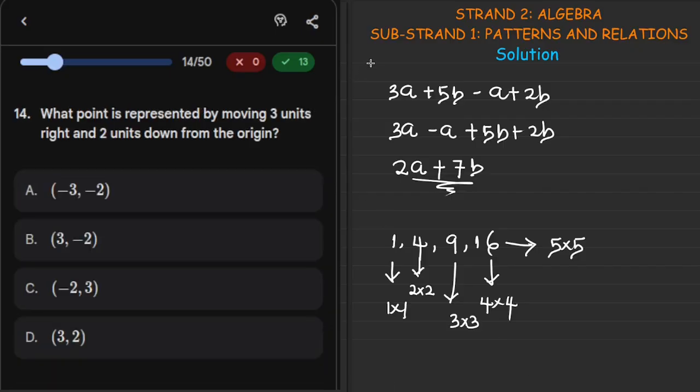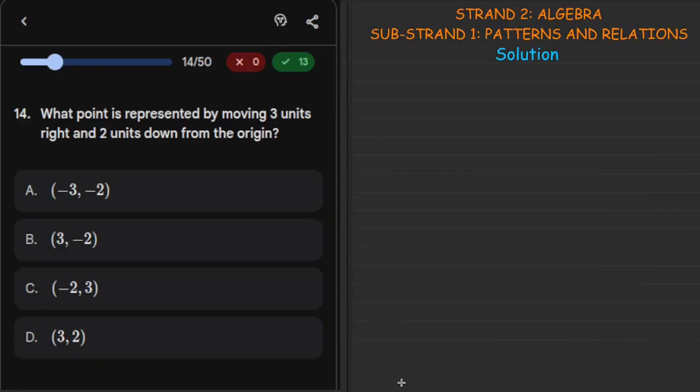Question number 16. It says, what point is represented by moving 3 units to the right and then 2 units down from the origin? So with this, we are now going to the Cartesian plane. It says 3 units right. We know coordinates are written as x, comma, y. And x simply has to do with you moving on the horizontal axis.